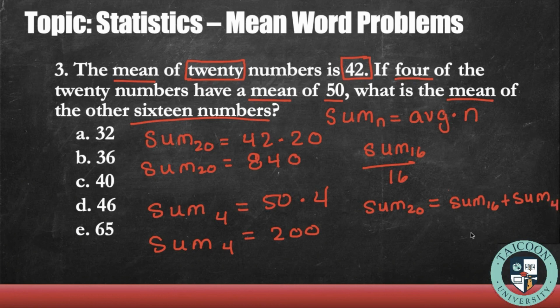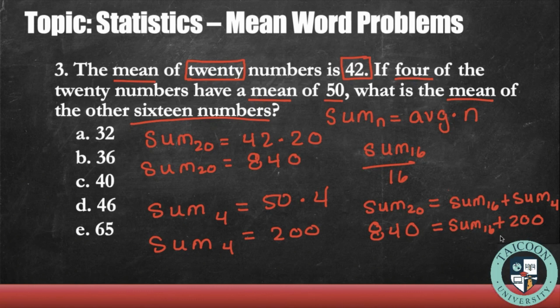As long as we have one equation with one unknown, we can actually solve. The sum of all 20 numbers was 840. And the sum of the 4 numbers was just 200. So I'm sure you're starting to understand how we can find the sum of those 16 numbers.